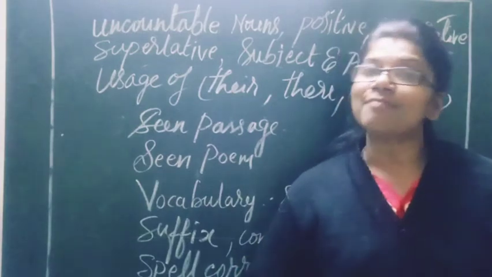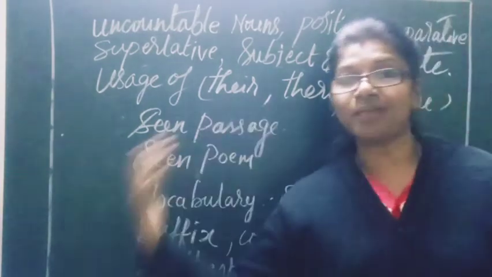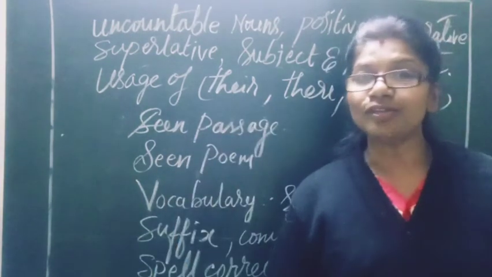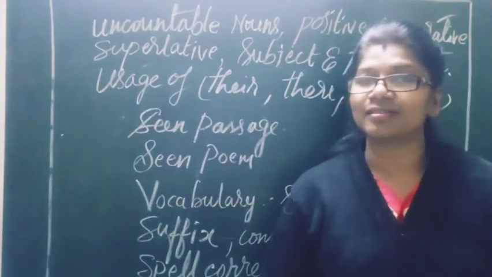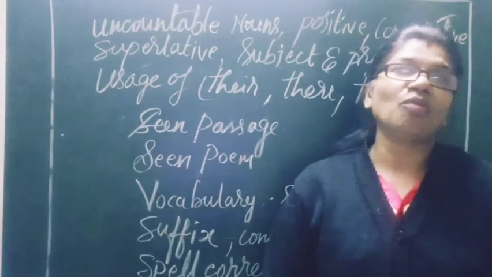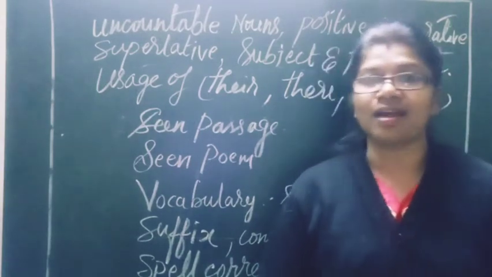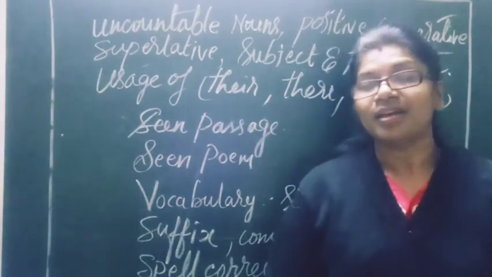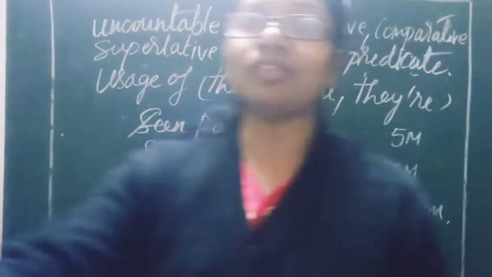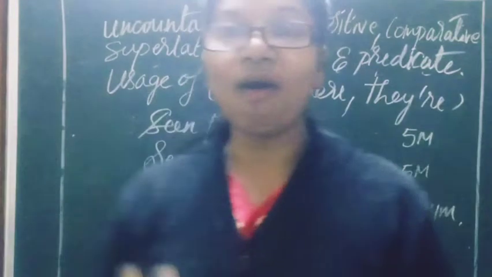And when you compare one person to many, you need to use the superlative form. Like, she is the tallest girl in the class. Bombay is the biggest city in India. Nile is the longest river in the world. Like one to many, when you are using a superlative form.